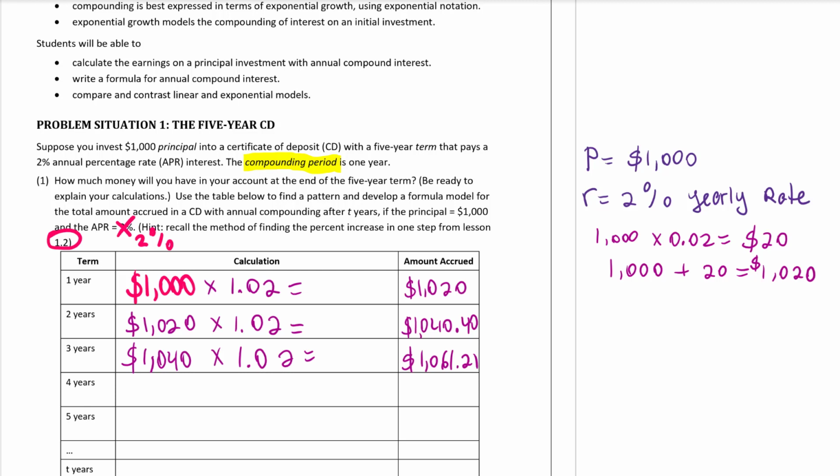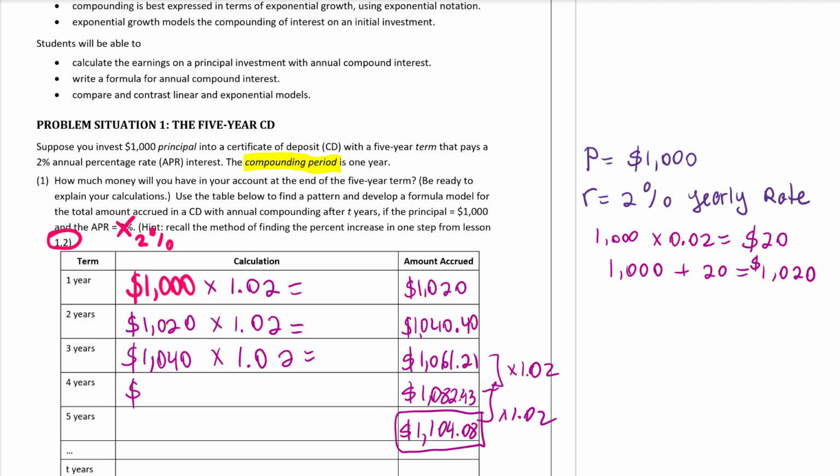I'm multiplying it again by 1.02, and I'm getting $1,082.43. I press the button again on my calculator, and I get $1,104.08. I'm going to put that in a box. So that is the ending value.